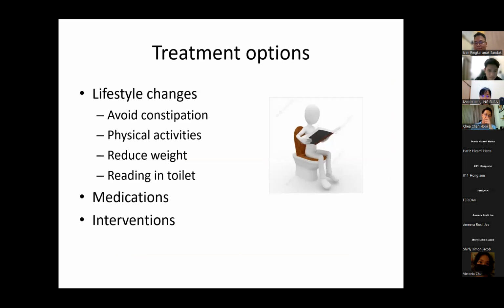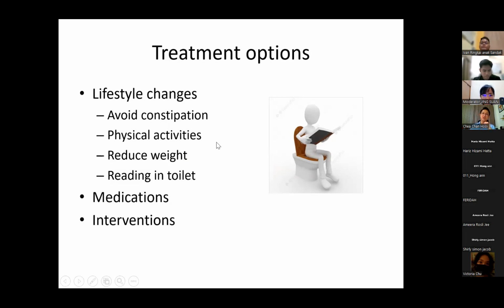For hemorrhoids, as for most diseases, surgical or not, the most important thing is to identify, diagnose, then advise lifestyle changes if possible, right? Before you go to medications, and usually we reserve interventions, or what we call invasive procedures, for last. Okay, so definitely the easiest to advise and educate the patient on will be lifestyle changes, right?